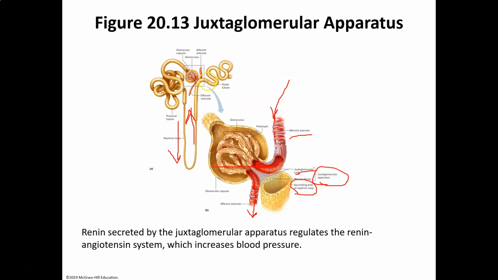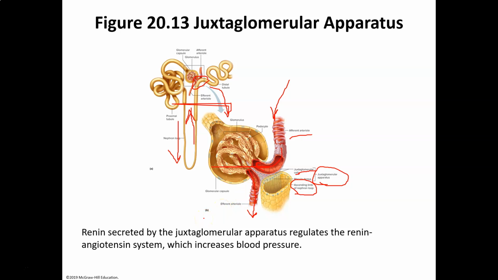And you see right there, that's the part they're making bigger over here. So the juxtaglomerular cells are the cells that feel for blood pressure changes. If they feel that they need to, they're going to produce this hormone called renin. We'll see what renin does in a minute.